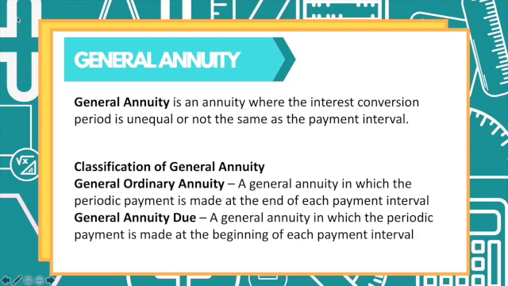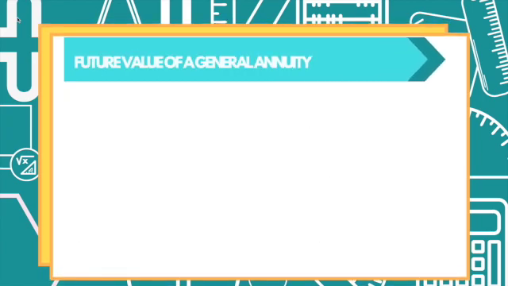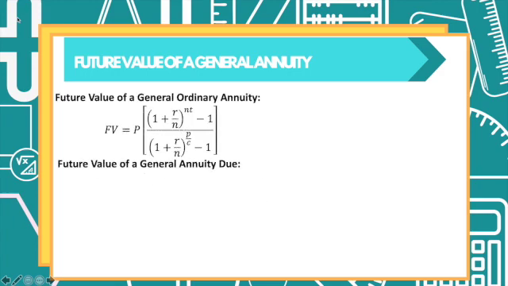Identifying the type of annuity is important for you to be able to determine what formula to use in a given problem. So for the future value of a general annuity, we use the following formula.